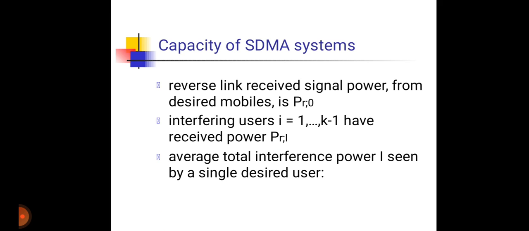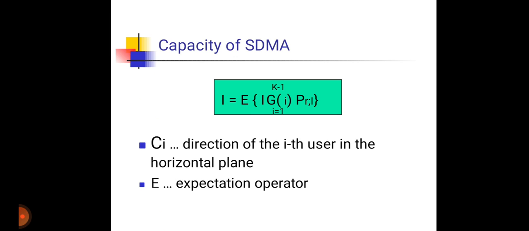Interfering users i equals 1 to K minus 1 have received power P_Ri. This is the equation of the average total interference power, I, seen by a single desired user: I equals E[ sum of G_b(phi_i) P_Ri for i equals 1 to K minus 1 ], where phi_i is the direction of the ith user in the horizontal plane and E is the expectation operator.